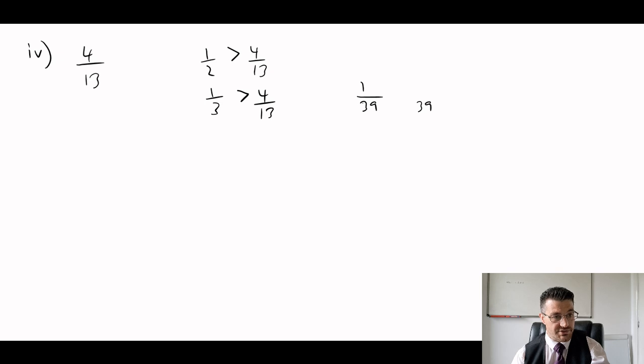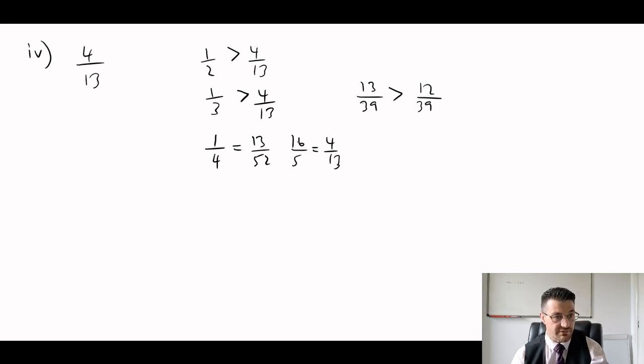A third is equal to 13/39. 4/13 is going to be 12/39. So we get that a third is clearly greater than 4/13. But once we get to a quarter, that is equal to 13/52, whereas on the other hand, 4/13 is equal to, what do I need to multiply by? 16.